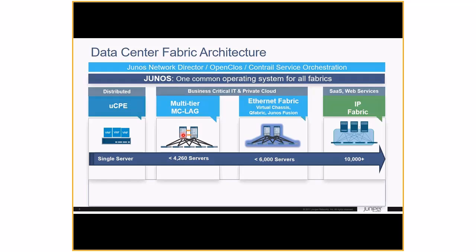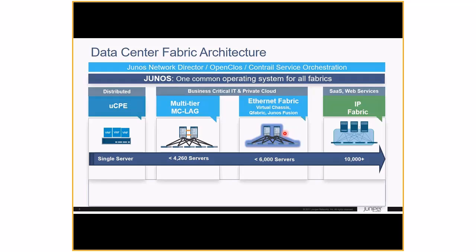So we use the multi-chassis LAG to allow all the links to be used, and we don't have wasted bandwidth and wasted utilization of the circuits or the network that we've built.